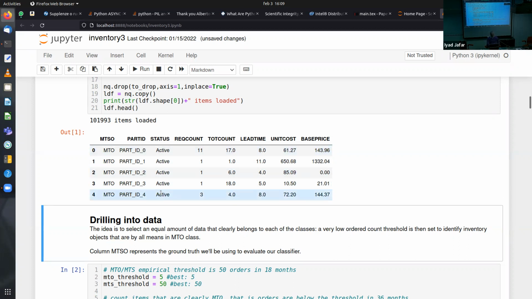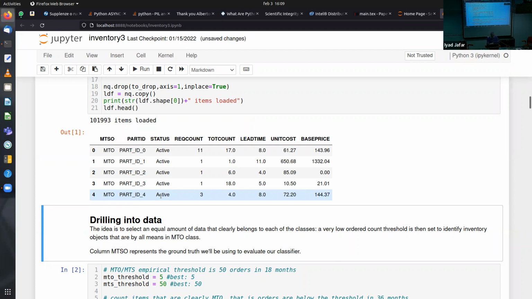Whether the component is active or there are some different statuses, and I'm showing you which are the statuses, and then how many times it has been requested, the total count, how many items have been requested in total. What is the lead time? The lead time is the time for supplying, the cost and the base price.